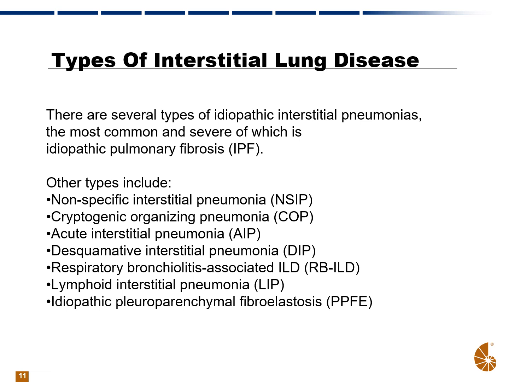Other types are nonspecific interstitial pneumonia, cryptogenic organizing pneumonia, acute interstitial pneumonia, desquamative interstitial pneumonia, respiratory bronchiolitis associated interstitial lung disease, lymphoid interstitial pneumonia, and idiopathic pleuroparenchymal fibroelastosis. So a lot of big names, and it's difficult to make each of these diagnoses. They're all lumped into interstitial lung disease.